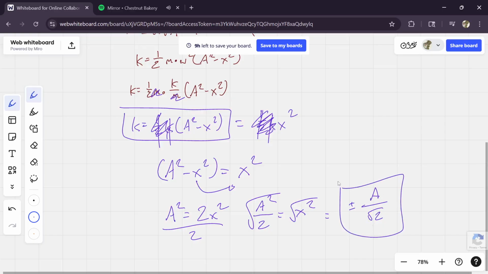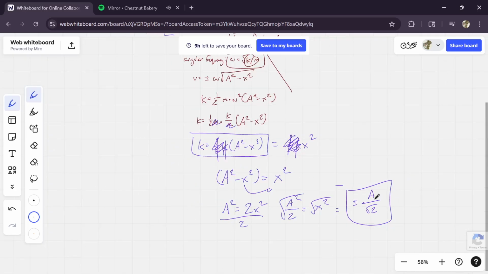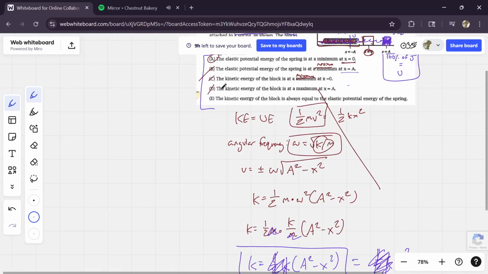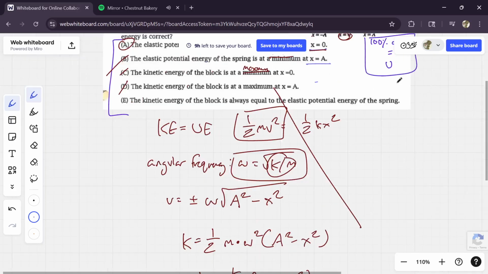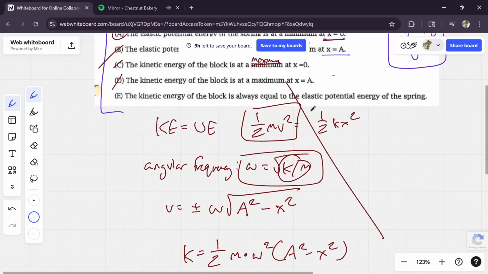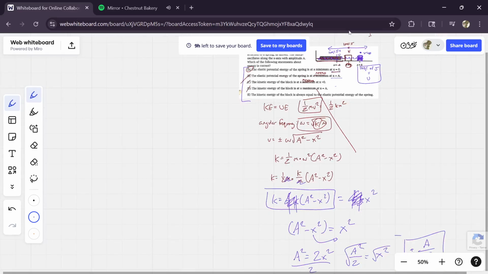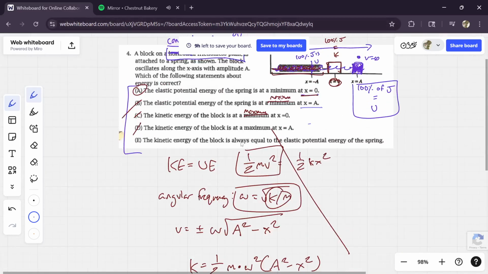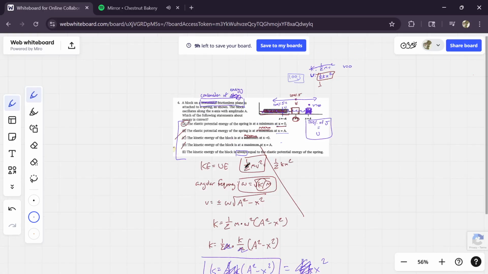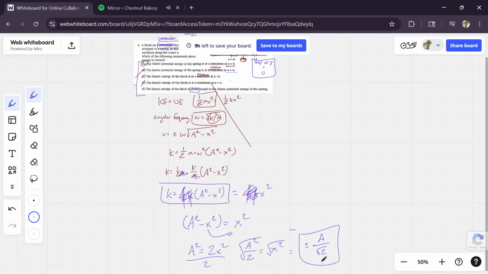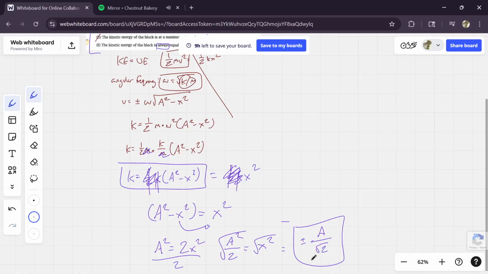This is not necessary, I don't think, but the reason I'm doing this is because it explains what this is essentially saying. This is saying the kinetic energy of the block is always equal to the elastic potential energy of the spring. The key word here is always. By solving this equation, what we're basically saying is that no, it's not always equal to each other.